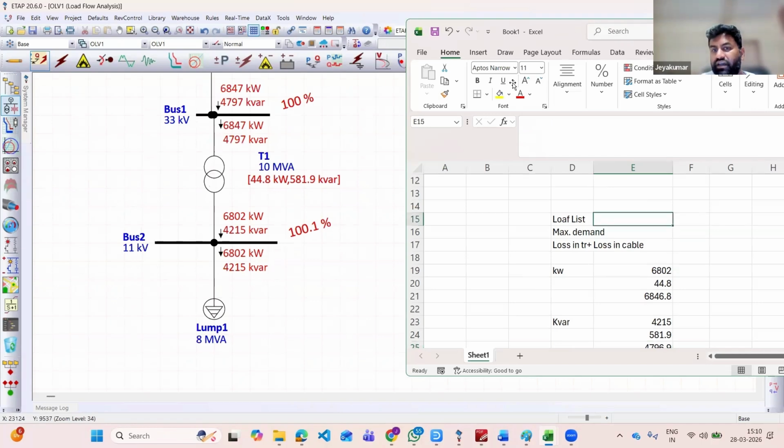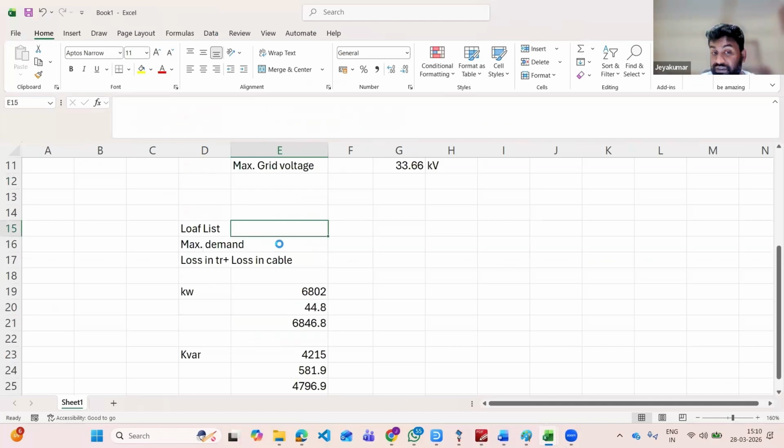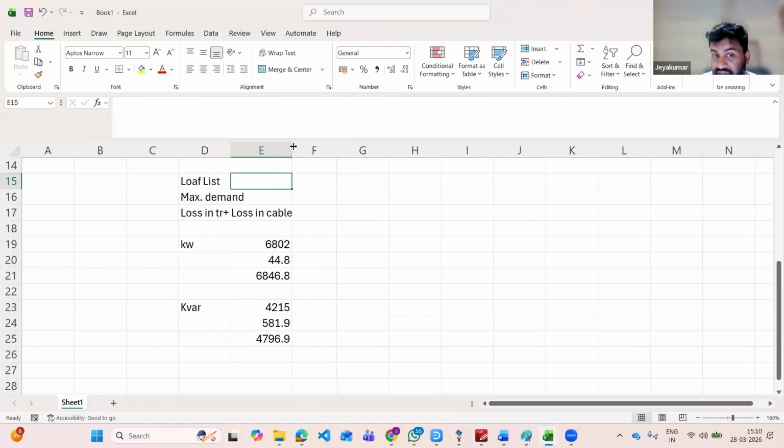Fundamentally, you may not be able to visualize this while doing the work. Since we have the software, the calculation part is very simplified. The 48.8 is the transformer internal loss, which is due to the copper loss.